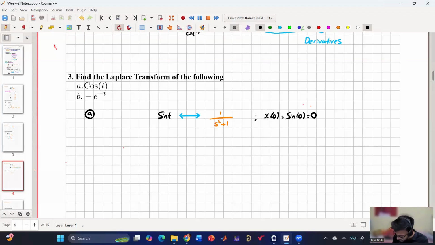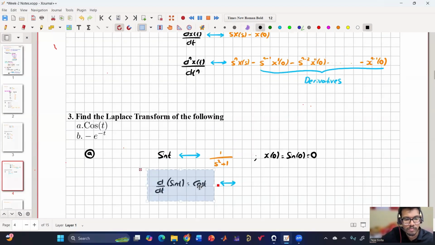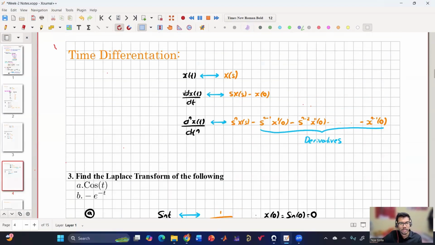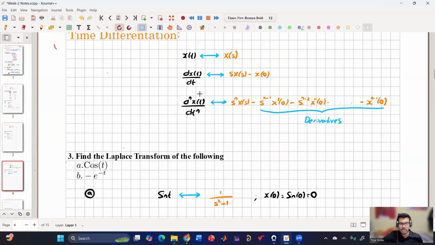Now what is the differentiation of sin t? Cos t, right? d by dt of sin t is equal to cos t. So now from the above result, what will be the Laplace transform of cos t? Anyone?